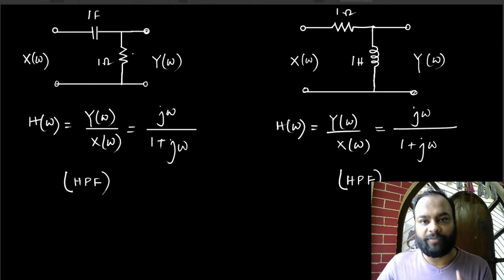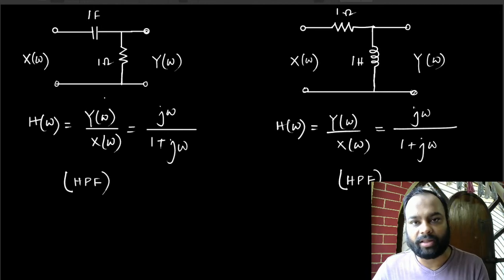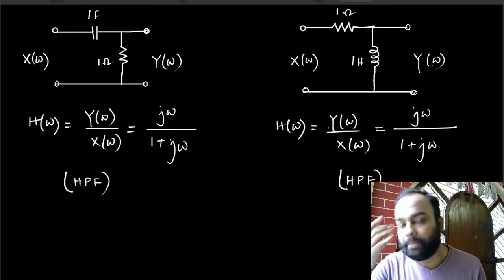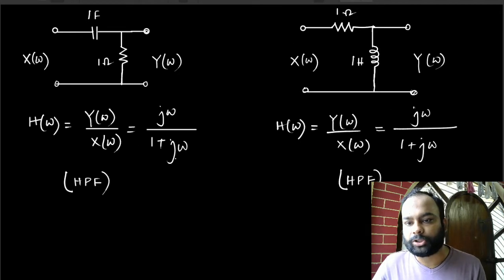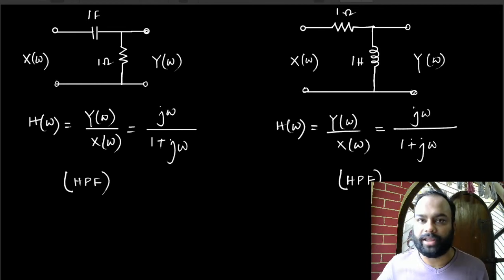If I give it some arbitrary input here, whatever output comes out of this circuit will be identical if I put that same arbitrary input here, because these two circuits have the same impulse response, same frequency response, and same everything, right?